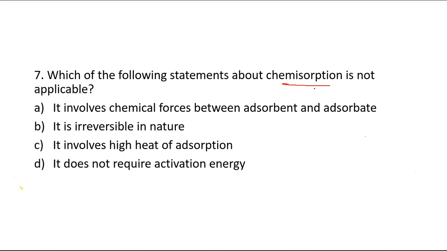So to change the rate we use external factors like temperature, pressure and catalyst. The intermediate is highly unstable, and in order to form this, the activation energy is required. But here it is given that it does not require activation energy. Therefore, this is not applicable.